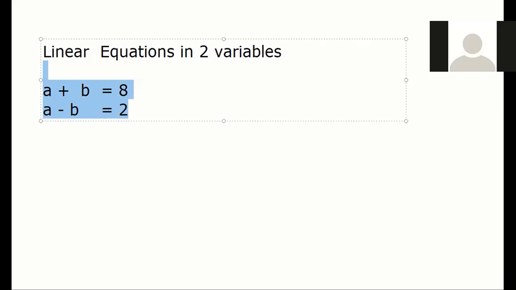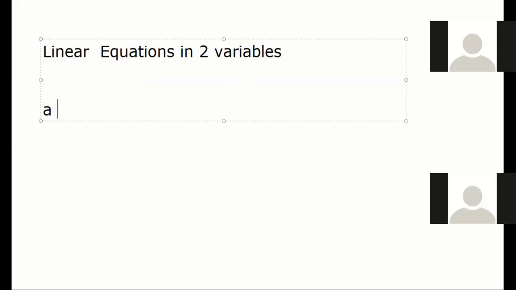We will come to the various methods later, but the point is, if it is a two variable equation, you need two equations to get the unique value of the variables. Otherwise, you can get anything. For example, why do we need two equations? Lesha, can you explain? If I say a plus b equal to 10, if I just have this equation, can I get the unique value of a and b?